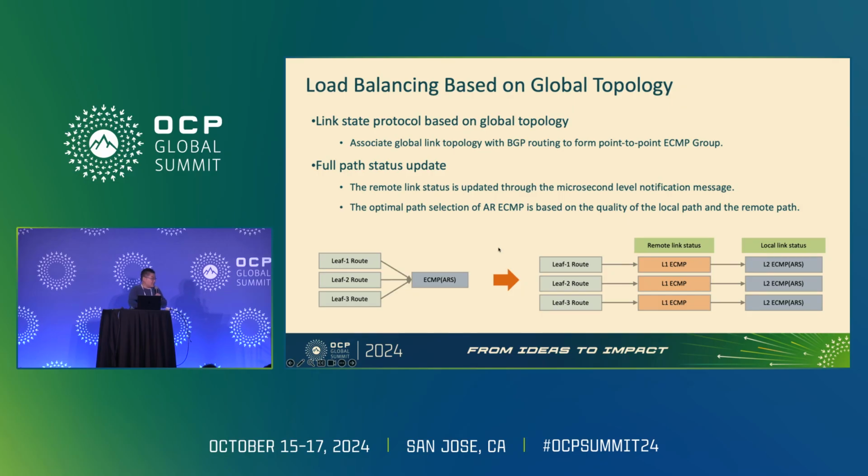This is in contrast to the current deployment situation, where multiple different leaf routes would typically point to one ARS-enabled next hop group. Doing so would allow us the flexibility to manipulate the next hop group members.